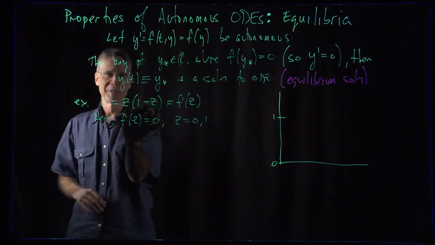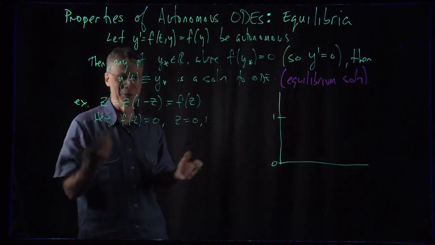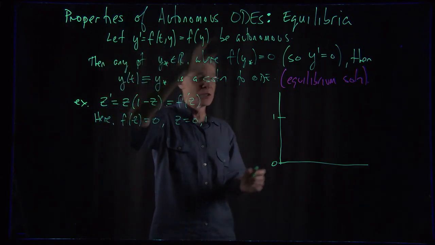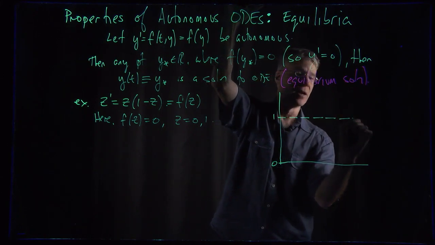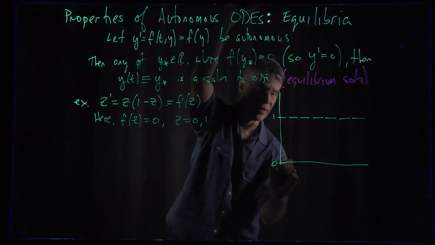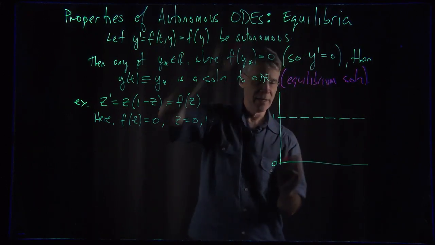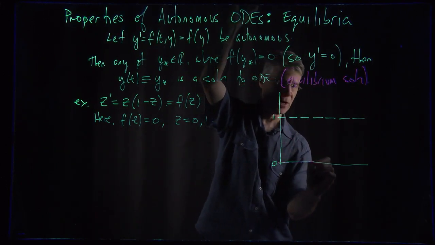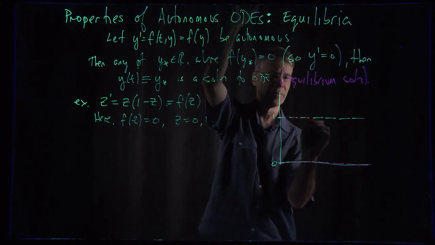The nice part about this polynomial is it's already factored. So I know when z is 0 or z is 1, I'm there. So in my slope field, I know for a fact that that particular isocline is all flat. Why don't I put these in pink so you can see that it's also flat here and flat here.